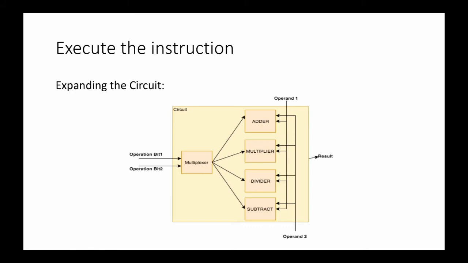So if they get a high current from the multiplexer, then they get activated and they perform the operation and return the result back. So since we had passed 00, the multiplexer will actually activate the adder, and as you can see, operand 1 and operand 2 both are incoming to all the four components, four operations. Since the adder is getting activated, it will operate upon the two operands and return the output.